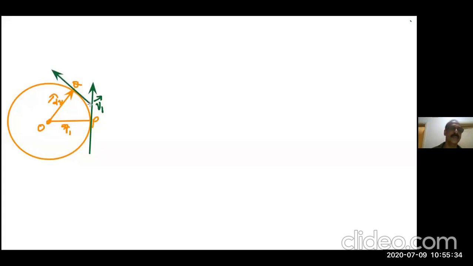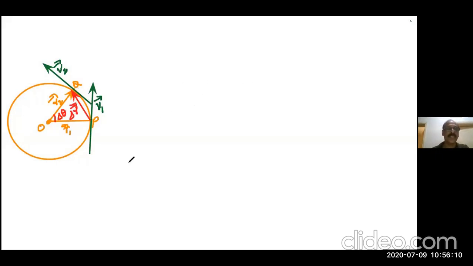V1 and V2 have the same length. Here it is delta theta. This must be the displacement, delta R. This line PQ is delta R.